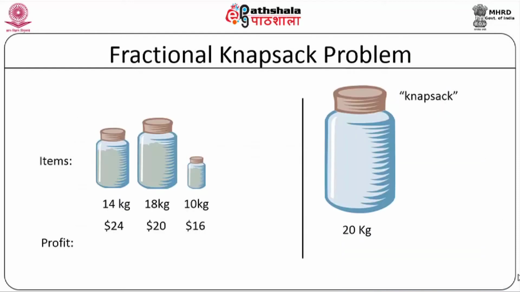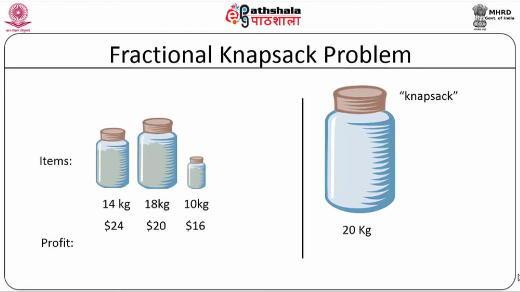So, this is the graphical illustration of how it really works. We assume that the bigger bottle is going to be the knapsack, whose capacity is given as 20 kg, and we are given 3 items, and the items' weight as well as the profit are given in the figure.